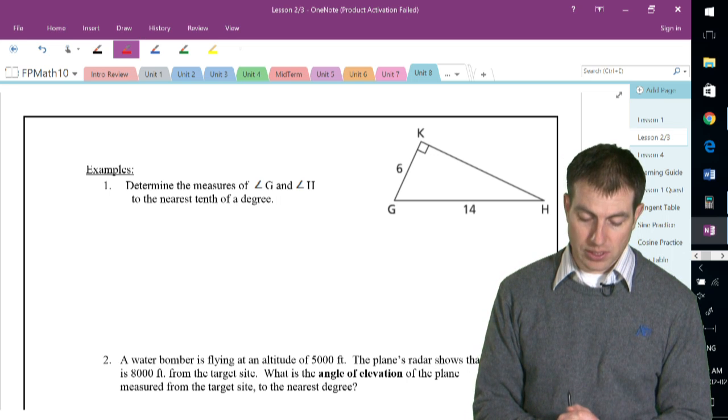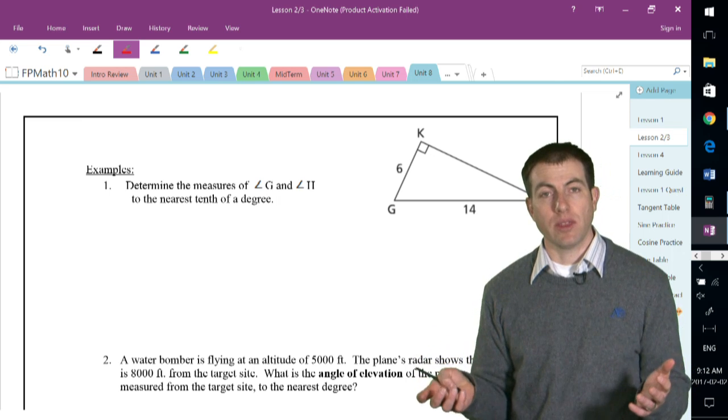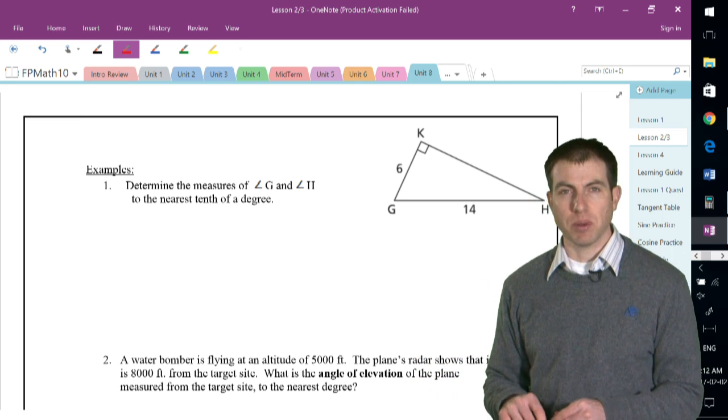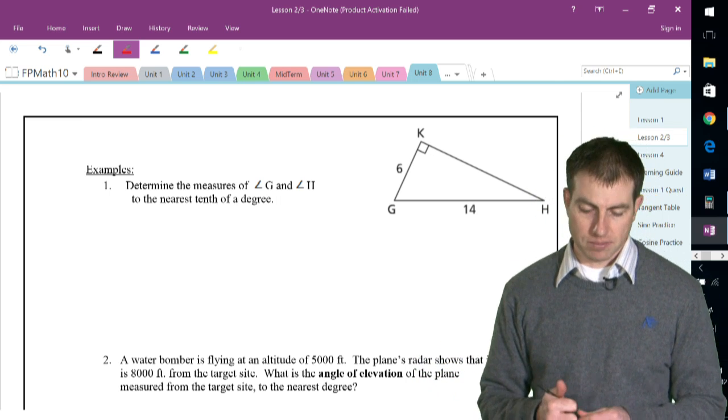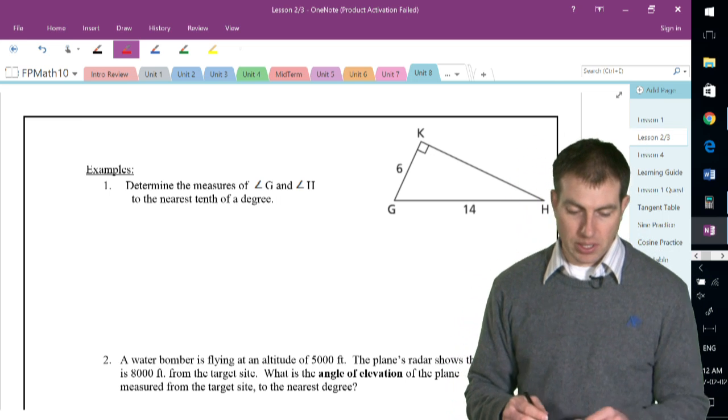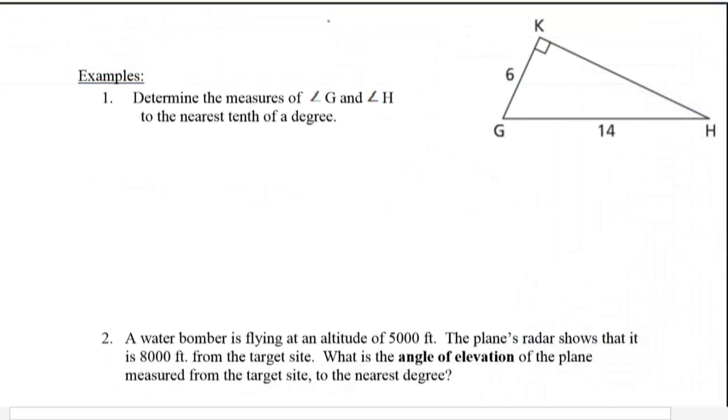So what we need to do is figure out what angle we're dealing with, and then label our sides. So the first part of the question asks us to find angle G. So I find angle G in my triangle. I label it angle G. There we go. And angle G is now our reference angle.